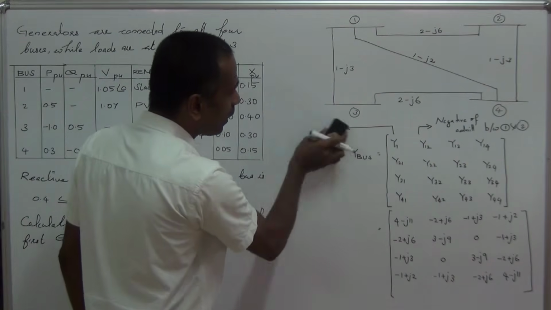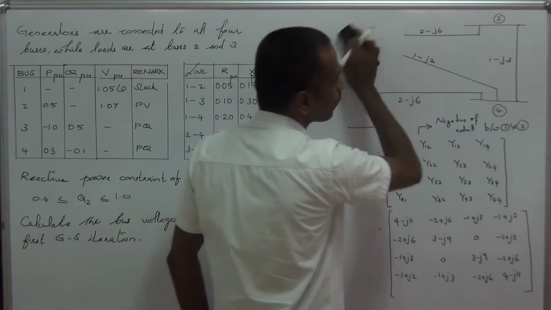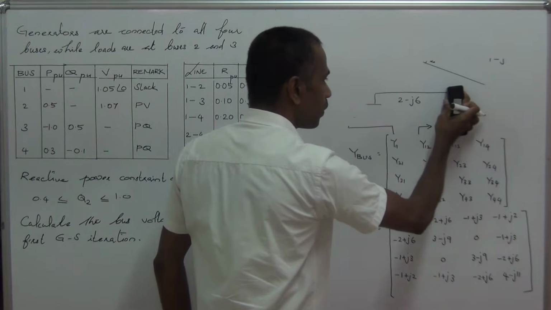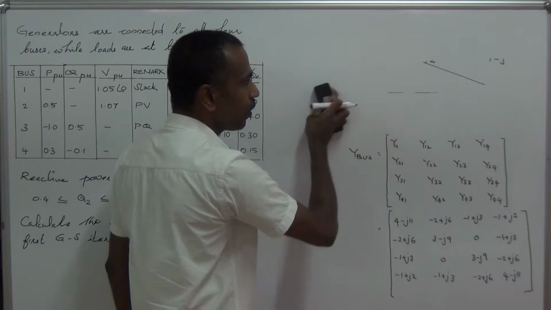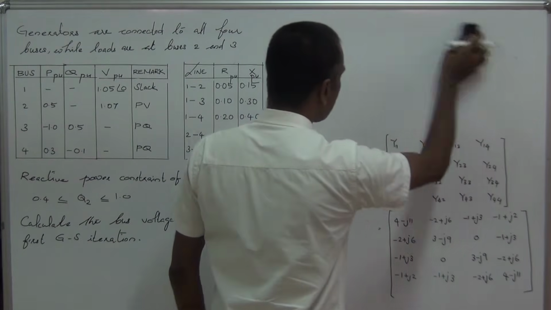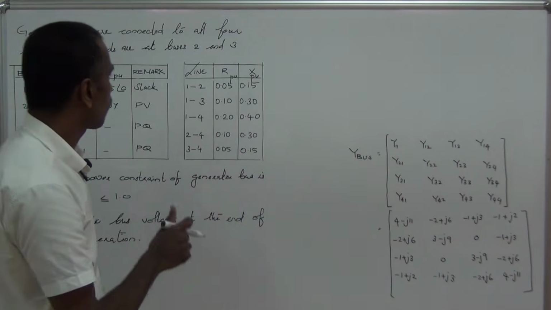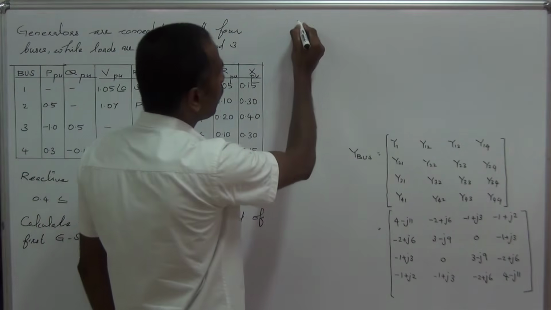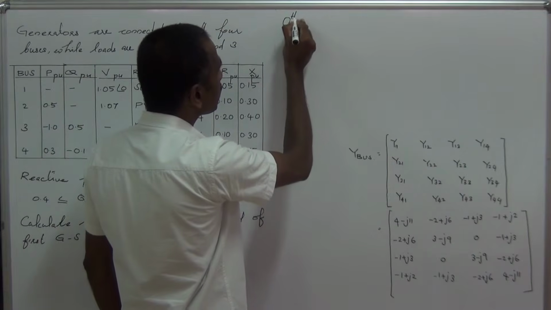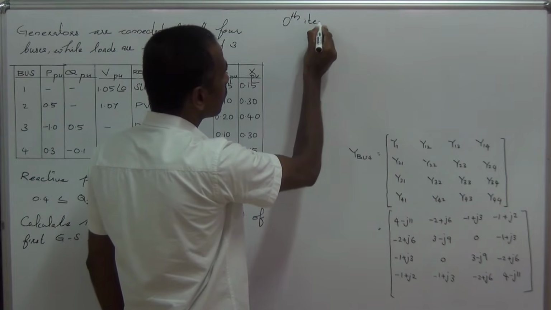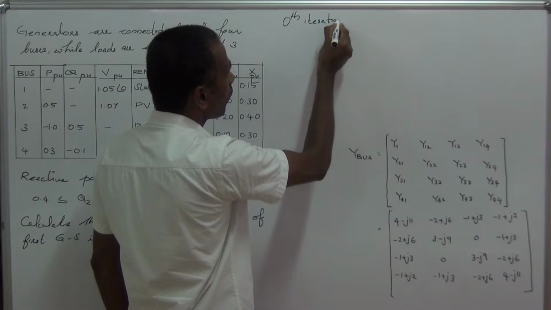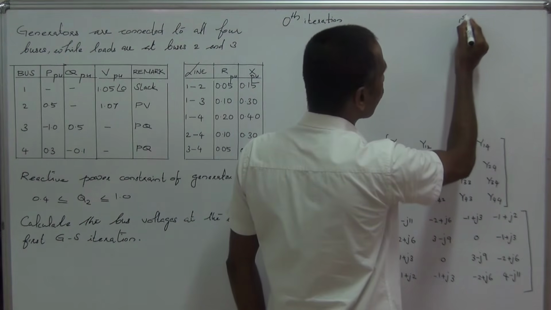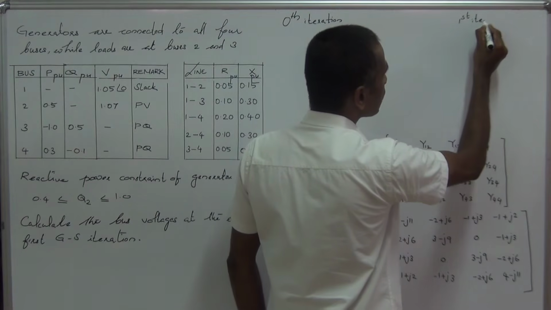Now let us write the given parameters of this problem. Let us write all the voltages, active power and reactive power given in this problem. These are the 4 buses we have. Let me write the initial values as 0th iteration. Later on we will find out the bus voltages at the end of first iteration.